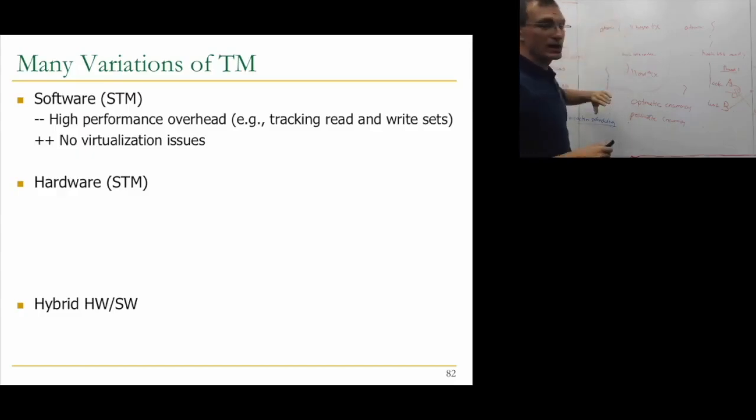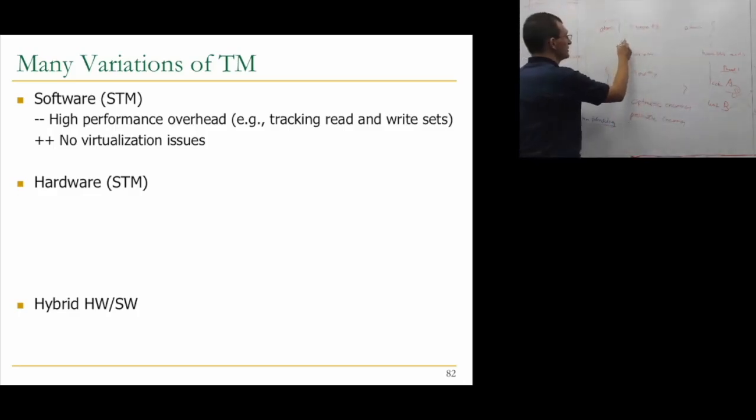Basically, what are the issues with virtualization? Let's say you get an interrupt in the middle of an atomic code block. It's okay if you have everything handled in software, because the state of the program is saved somewhere. So all of the information that you keep track of about the read set and the write set are saved in software.